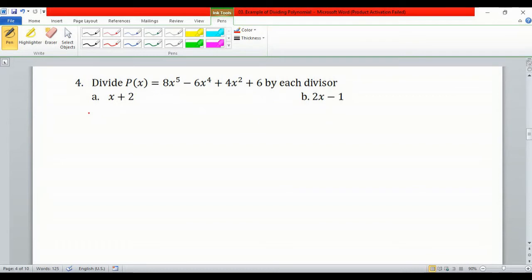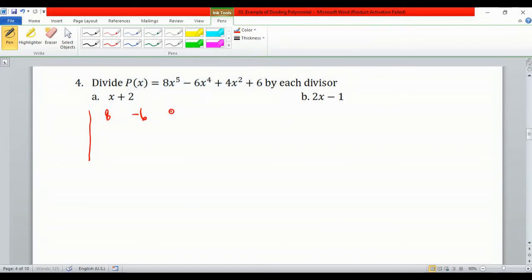Remember, in synthetic division or the Horner method, you need to put p(x), or the dividend, in descending degree. This one is the highest degree 8, and then minus 6, and then as you see, there is no x power 3, right?